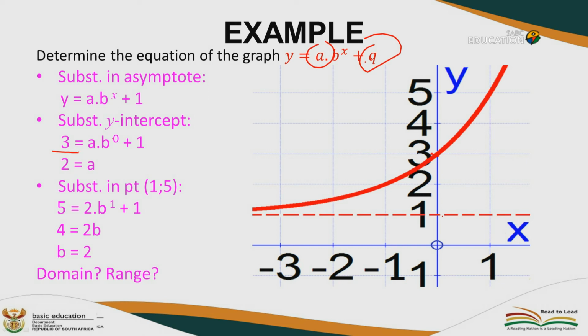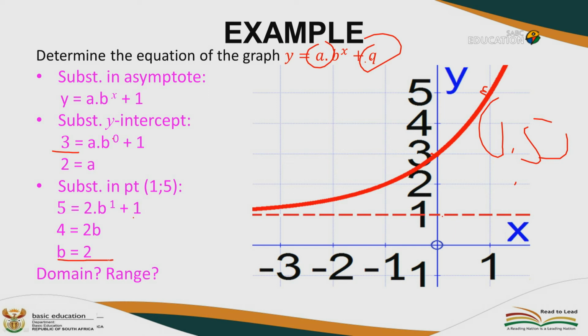So we use the information that is given. Now we have another point, which is (1; 5). Already we have our a, which is 2, and we have our q, which is 1. We substitute that other point, which is given to us, to get the value of b.